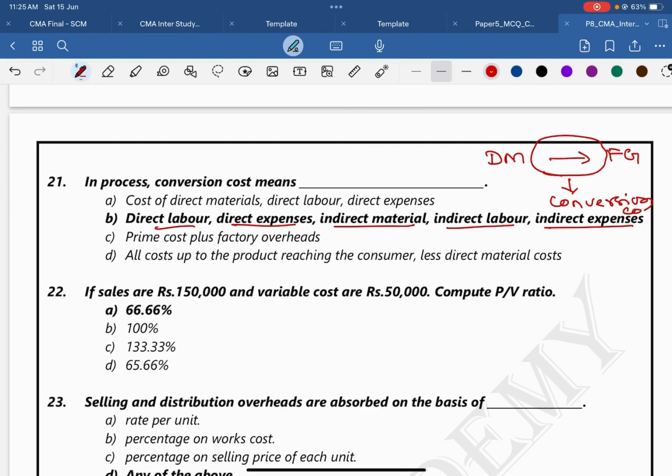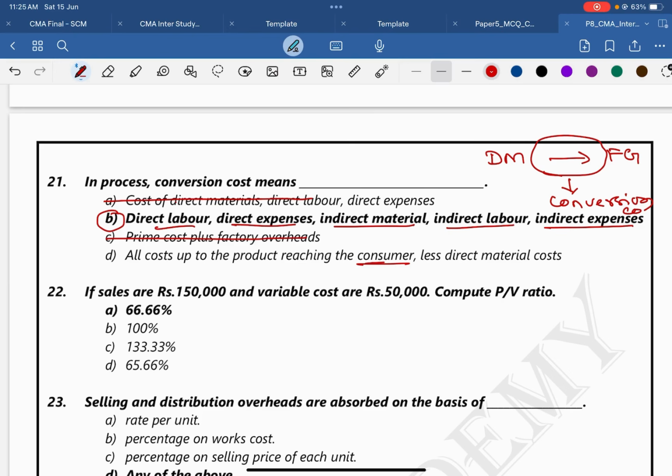Why is A not my answer? Because they are having direct material, so it is not my answer. Prime cost is inclusive of direct material, so it is not my answer. All costs up to the product reaching the consumer, no. Less direct material cost, no. Because you need to write the correct answer, direct material is there.